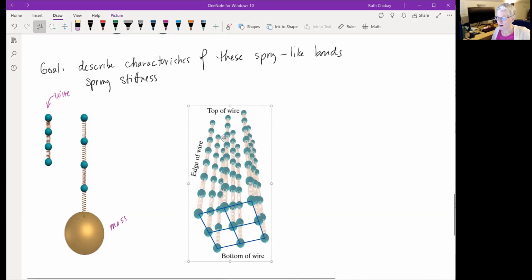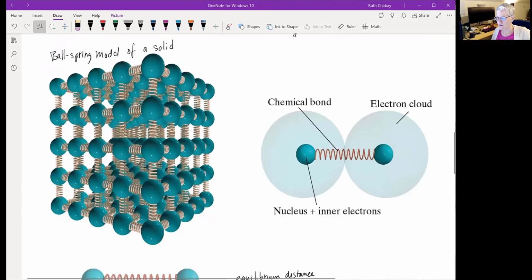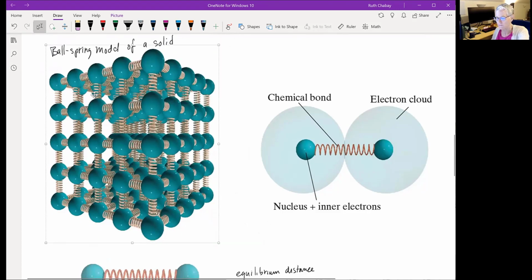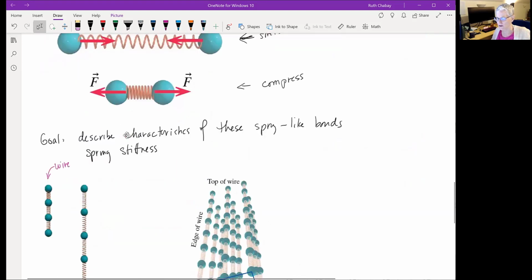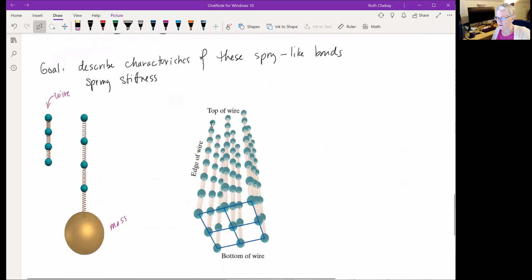And so what we've got is wires that look like this network, this lattice of balls and springs. If we take a bottom view, we're looking up at the wire. Here's the edge of the wire, the top of the wire. The bottom of the wire has more than one atom in it. And so we have to do a little geometry and a little counting.